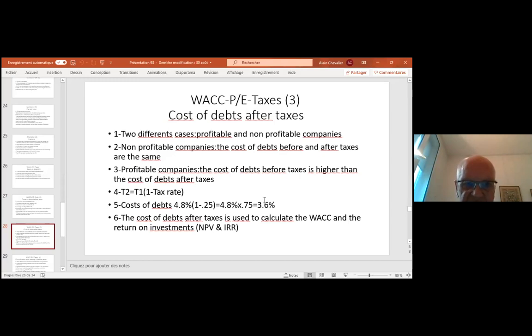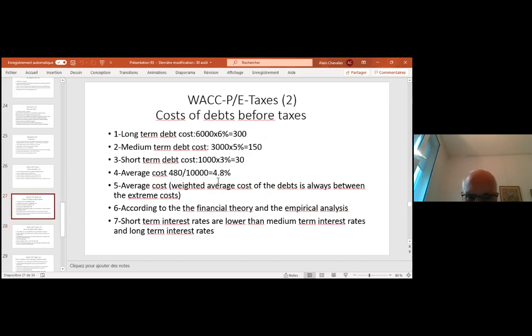What you see, at 0.4 and 0.5, is that the cost of debt after taxes for profitable firms is lower than before taxes, and also lower than the cost of debt after taxes for non-profitable firms. You have two data here, 3.6, and the other one, which is 4.8 on the preceding slide, to compare.